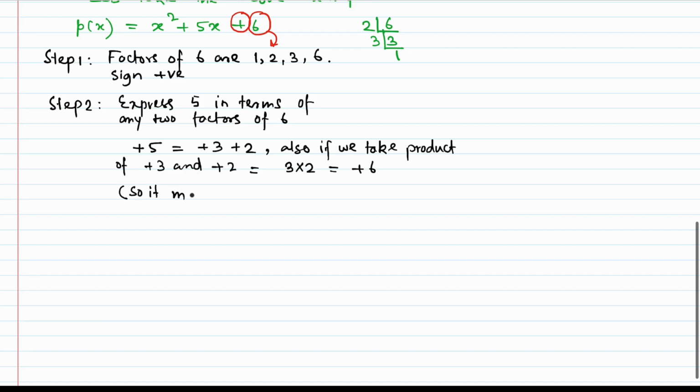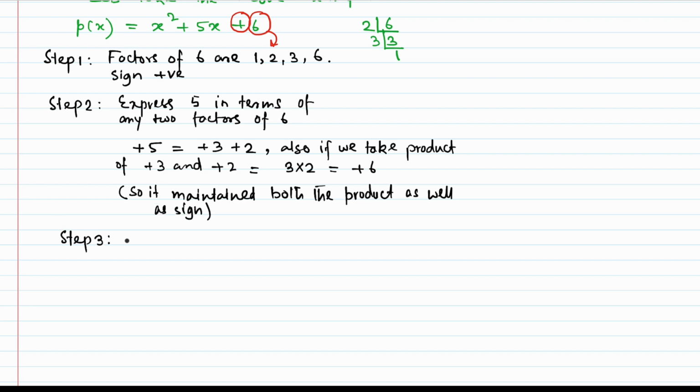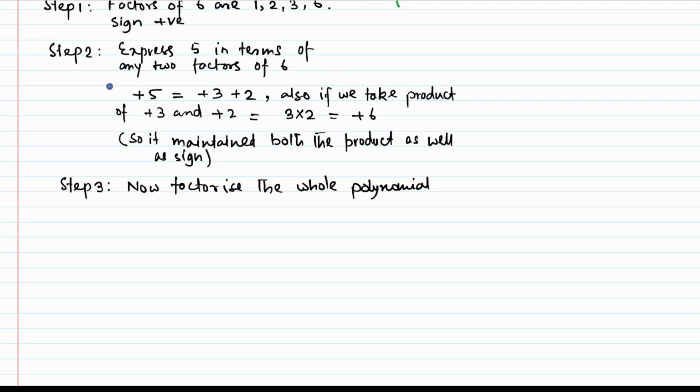So it maintained both the product as well as the sign of the constant. So this is what we have discussed in step 2. Now factorize the whole polynomial. So it is very easy. We need to identify what factors we need to take to express the coefficient and also the sign.